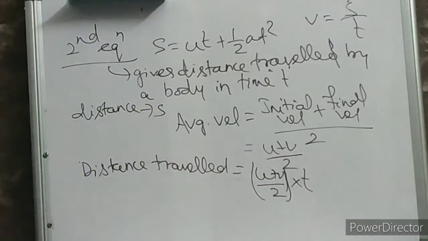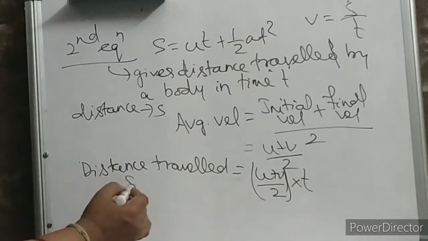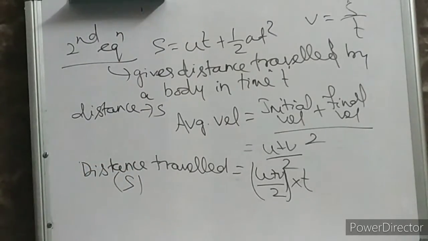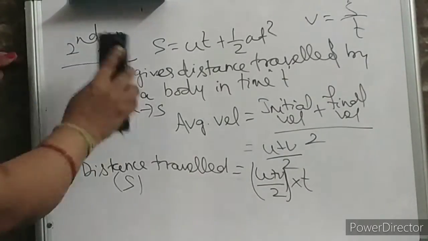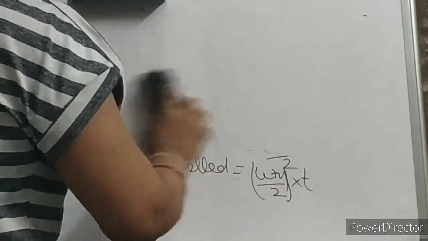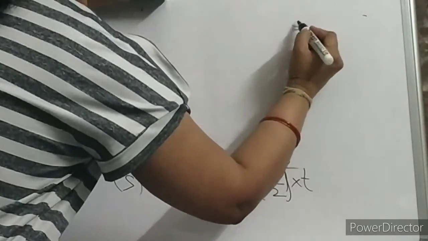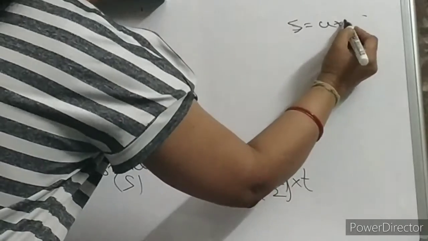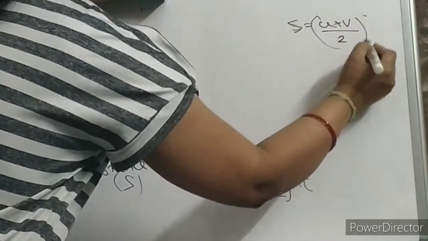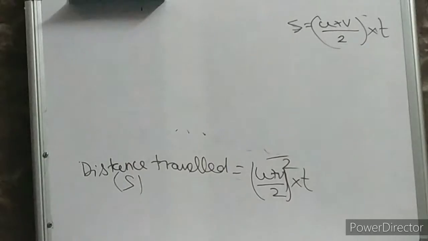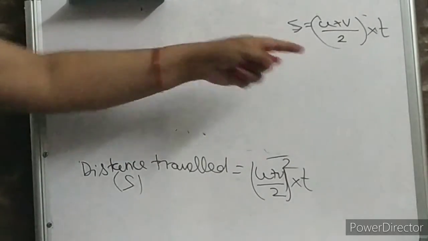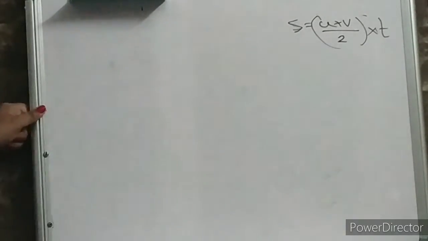This is your distance travelled, or s. Let me erase this and write here: s = (u + v)/2 × t. Can you see this?